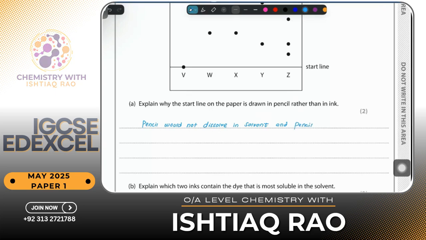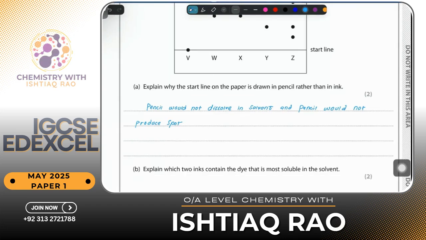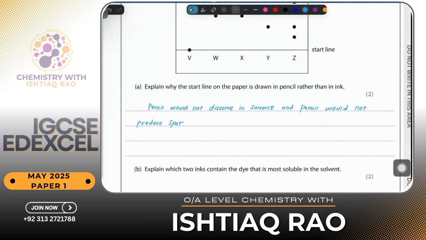Pencil would not produce a spot, as it is insoluble in water, of course. So it would not produce a spot on a chromatogram.